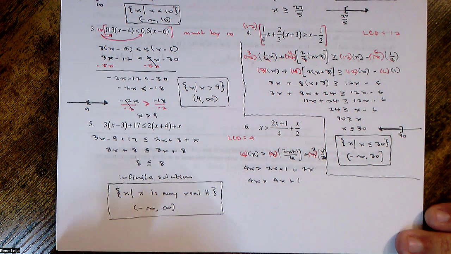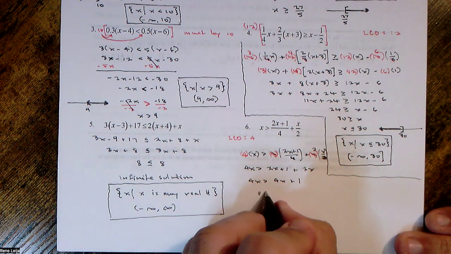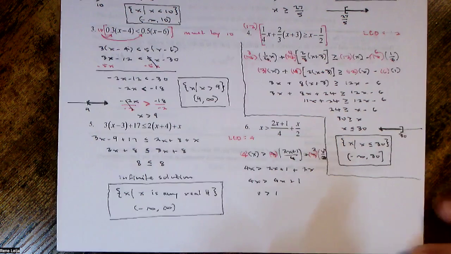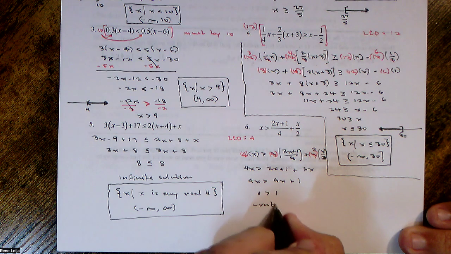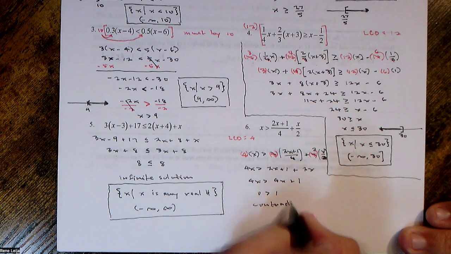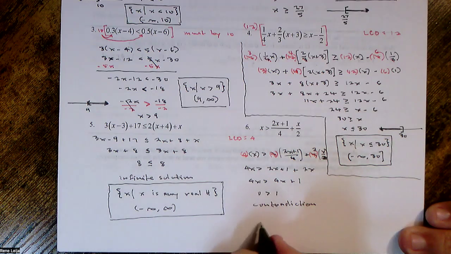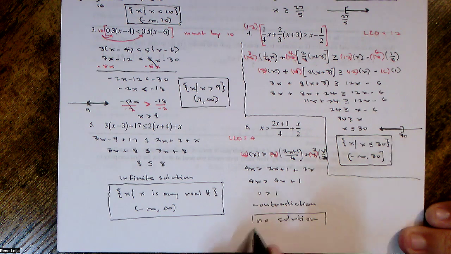So whenever I move my variables, I subtract a 4x from both sides. We get 0 is greater than 1. Now, that is not true. This is a contradiction. Since I lost my variable and I have a contradiction, then that means I have a no solution. There's nothing for me to graph, so I have a no solution.